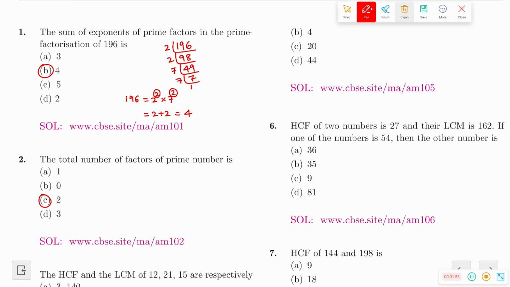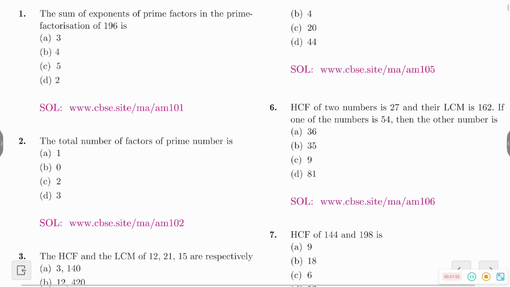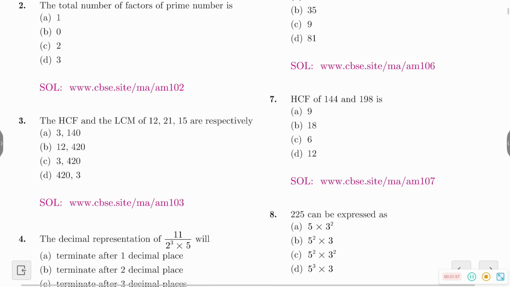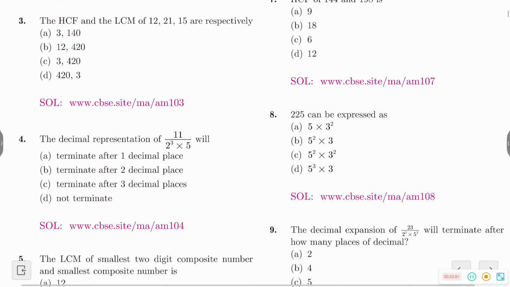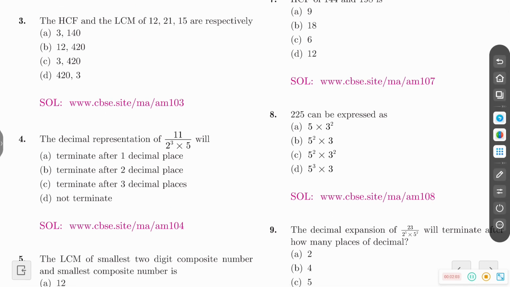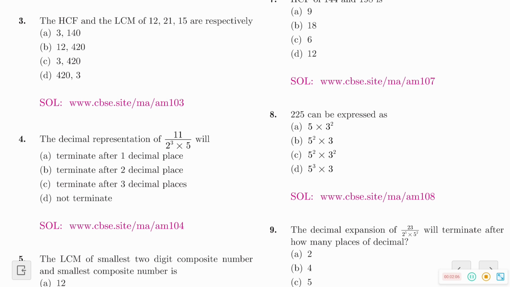Coming to the next question, question number 3. We have to find out LCM and HCF: HCF and LCM of 12, 21, 15 respectively are. We know directly 12 is nothing but 3 into 4, and 4 is 2 power 2.